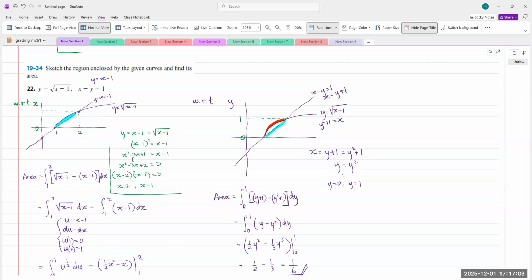But the rule of thumb usually is that we avoid square roots. We prefer dealing with squares. Of course, it depends on the shape of the domain also. The shape of the domain here is easy to deal with either way, with respect to x or y. But because with respect to x involves a radical, and we need to do a substitution in between, it's better for us to do it with respect to y.